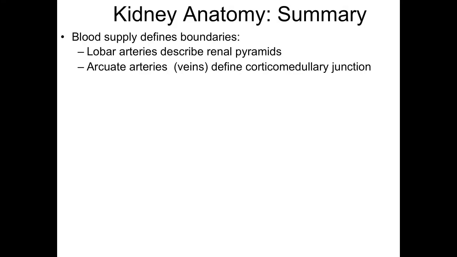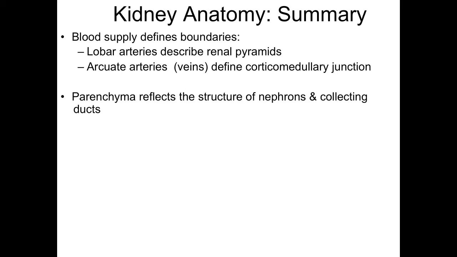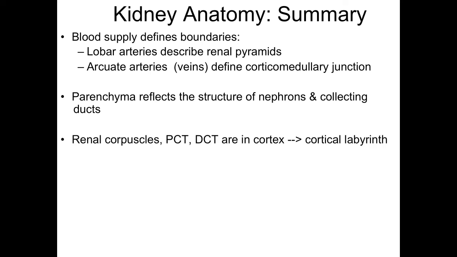So let's just summarize the microanatomy of the kidney. The blood supply in the kidney defines the boundaries. The lobar arteries will define renal pyramids. The arcuate arteries, and by the way, the arcuate veins, will define the boundary between the cortex and medulla. The parenchyma reflects the structure of the nephrons and collecting ducts.